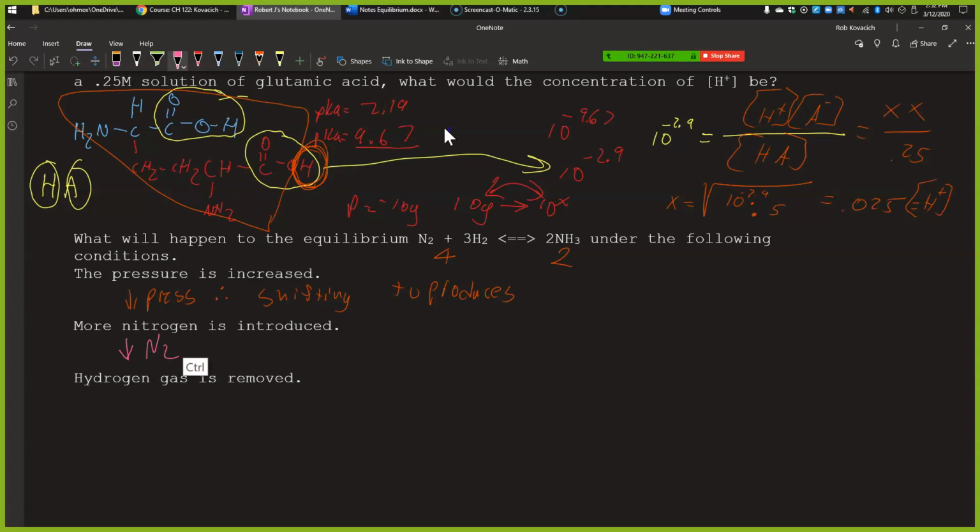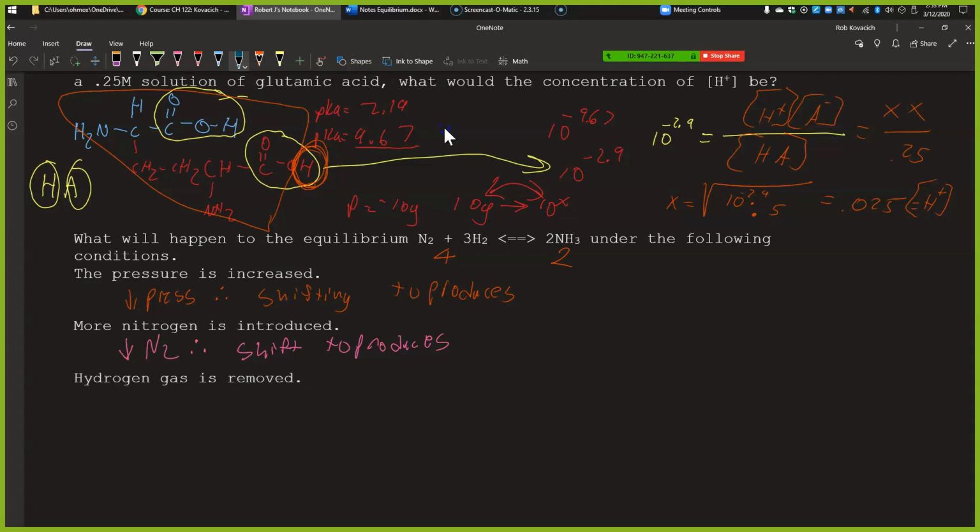And to do that, I will also shift to products. So I'm shifting to the products because it's consuming the nitrogen and thereby getting rid of some of the nitrogen that was added.